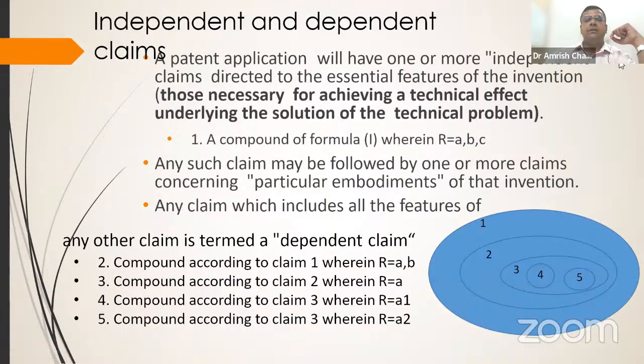And when you draft a claim, it will have one or more independent features, and then it will have dependent features. So if you say I claim a mouth dissolving tablet, and then you say that the mouth dissolving tablet contains API 1, API 2, API 3, and then you say that it further contains polymer 1, polymer 2, polymer 3. So this is how it is.